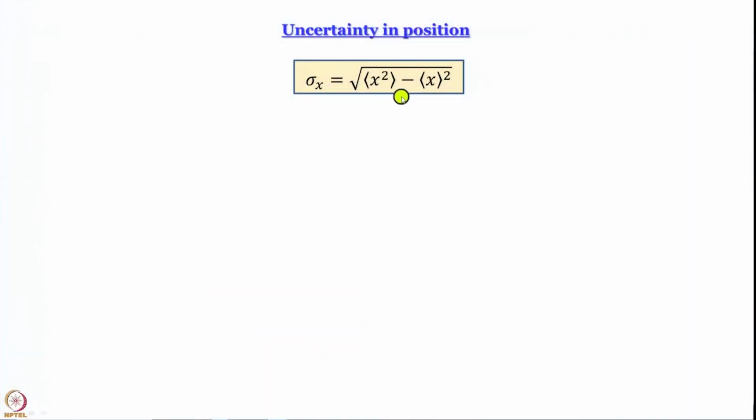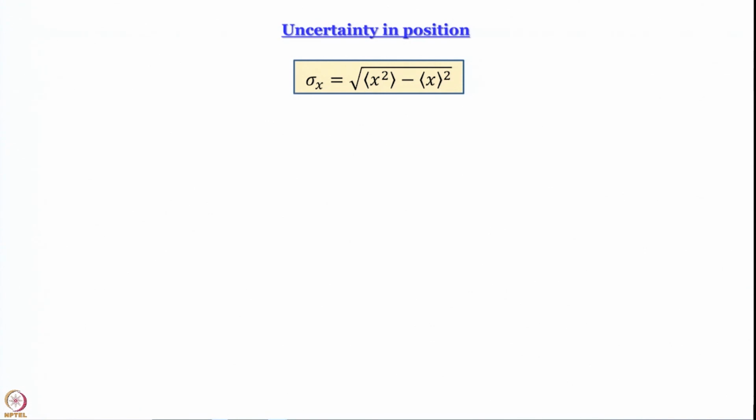Let us see, depends entirely on how much time we spend on the next part of the discussion. Alright. So, what is uncertainty in position? By the definition that we have just constructed, uncertainty in position is square root of the difference between mean square position and square of mean position. And out of these two quantities we know one already.